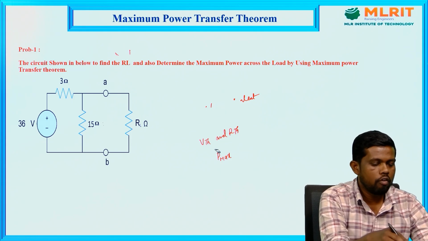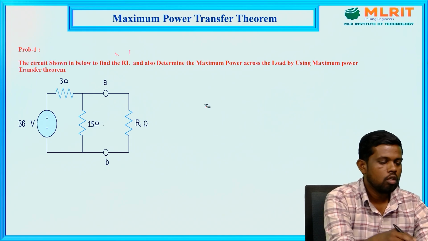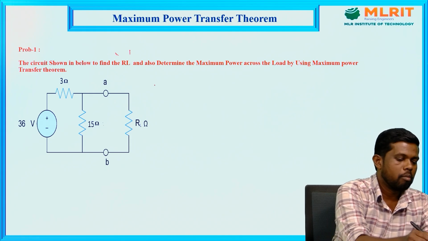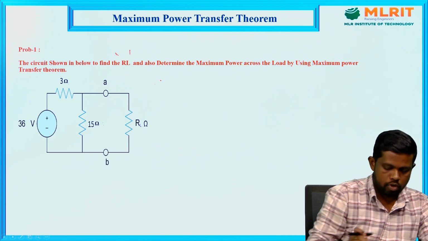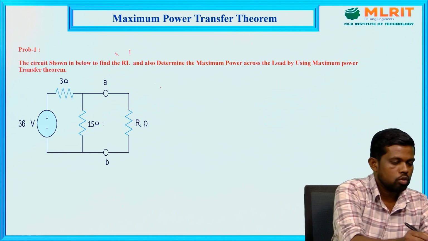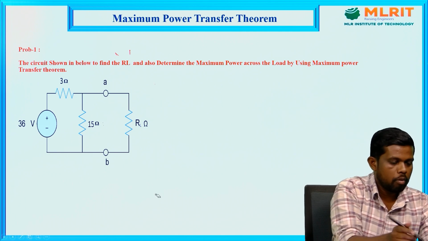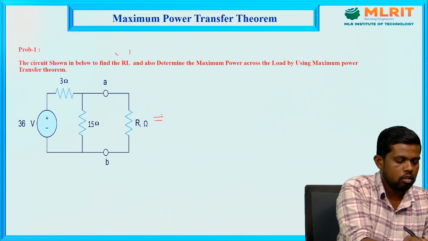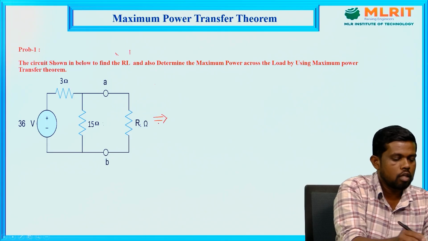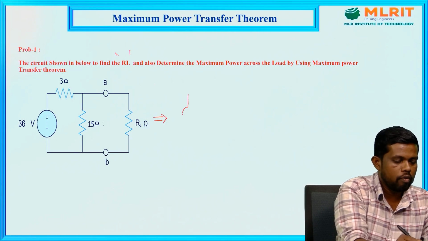There are different conditions to get the Thevenin's equivalent circuit. In the first case, we replace the whole circuit with the Thevenin's equivalent circuit like this.